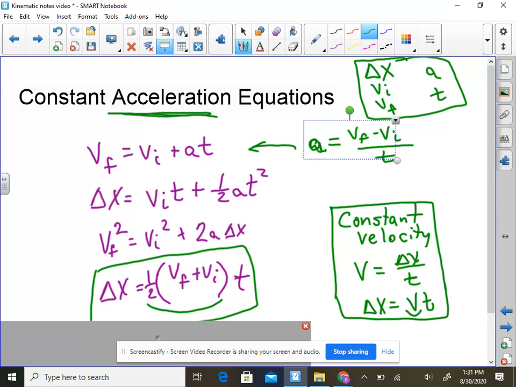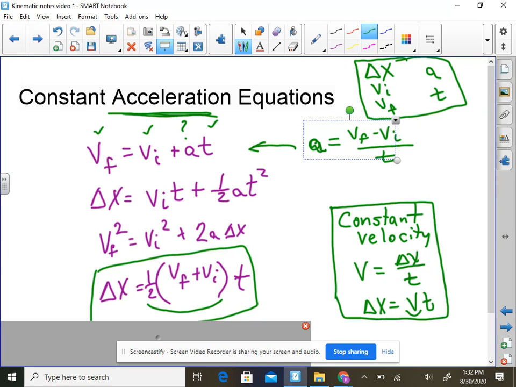For example, in the first equation, I might know the final velocity, the initial velocity, and the time, and I don't know acceleration. So if I know three things, I can find an equation, use these equations, and find the other two, and then I'm one happy physics student.